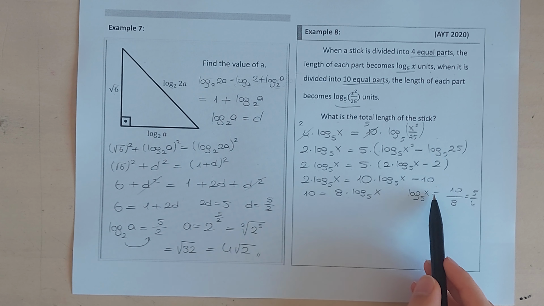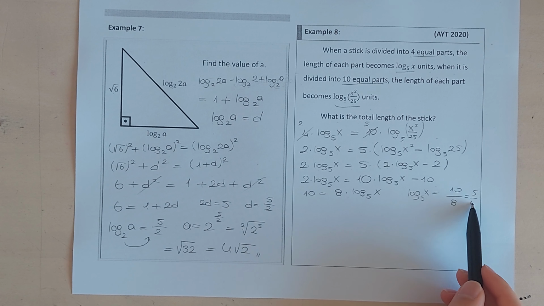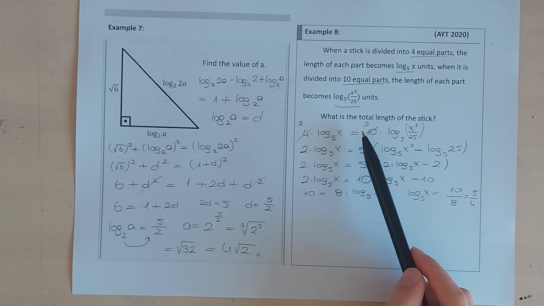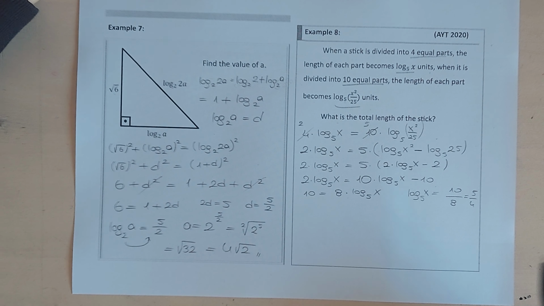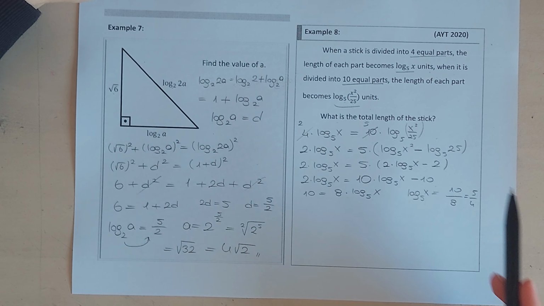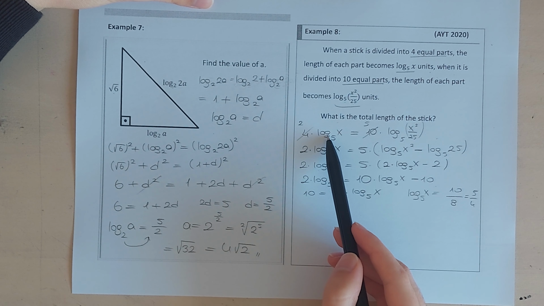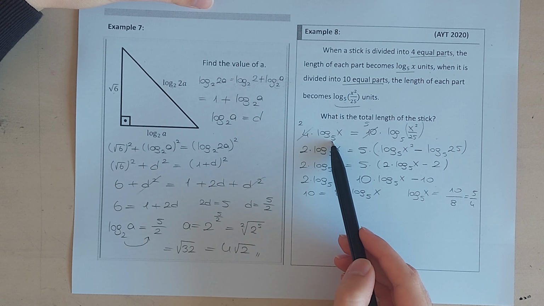I found logarithm of x to the base of 5 as 5 over 4, and I am not asked x, I am asked the total length of the stick. And at first, what did we say about total length of the stick? We said that the total length of the stick is 4 times logarithm of x to the base of 5.